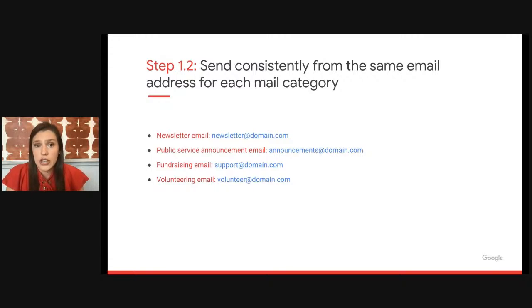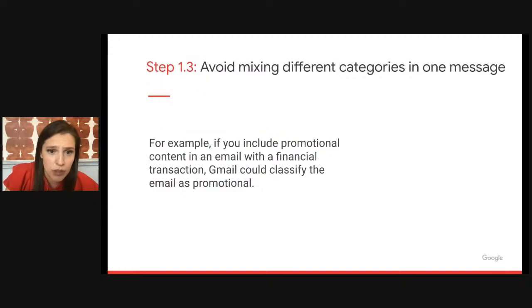So really make sure that you are sending consistently from each one of those different addresses, because as we were talking about earlier, the way that folks have their inbox set up, it could go to different tabs like promotions. Thinking through each category and making sure that you're sending from each address will help with that bulk sending as well.